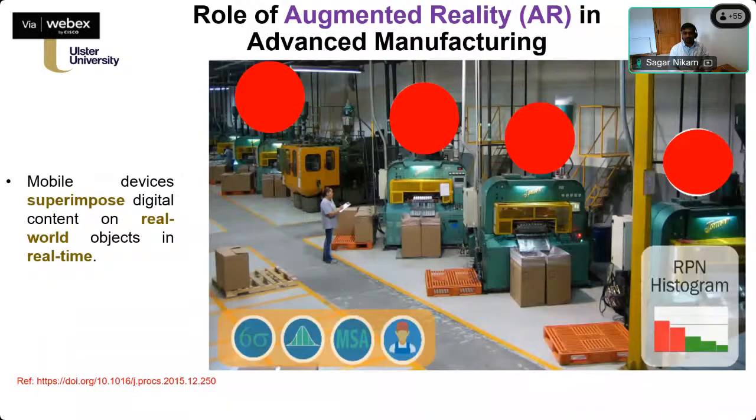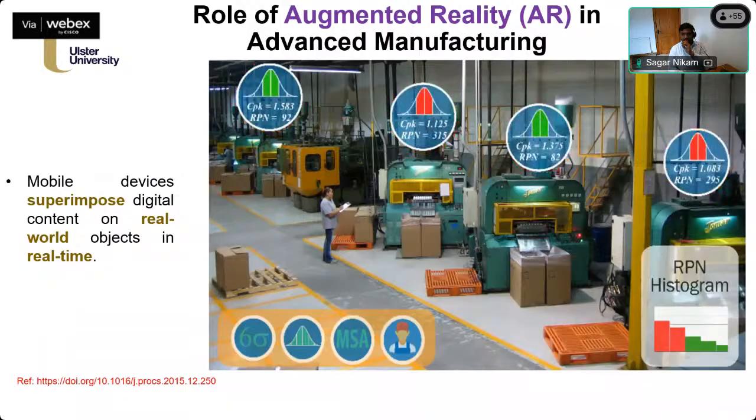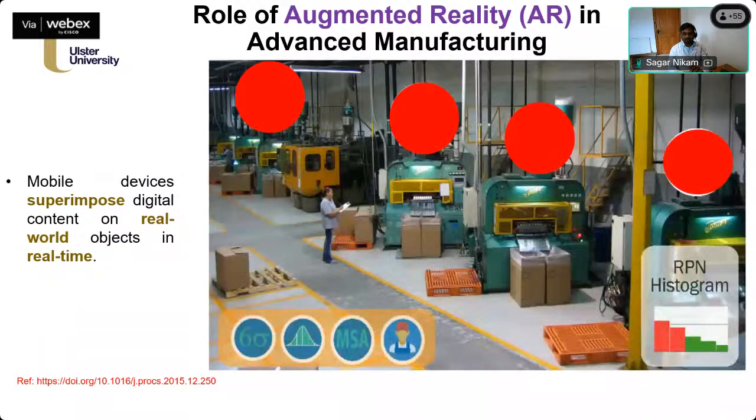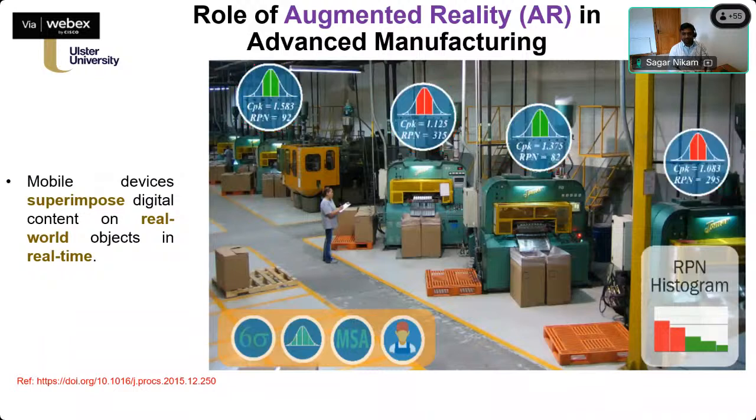For example, if you look at these machines here, I can see there are the physical machines, but now if I want to understand its lifespan, for example, how much the machine has operated or when the machine can be maintained, I can look at the score.